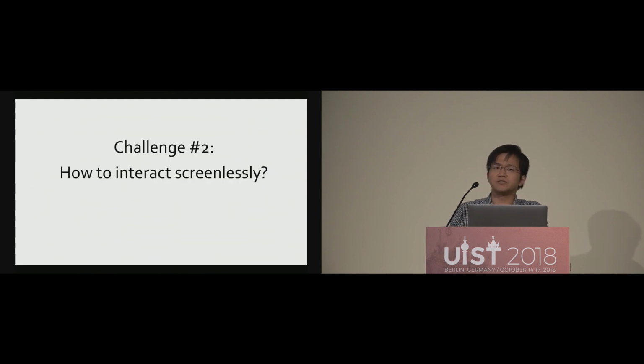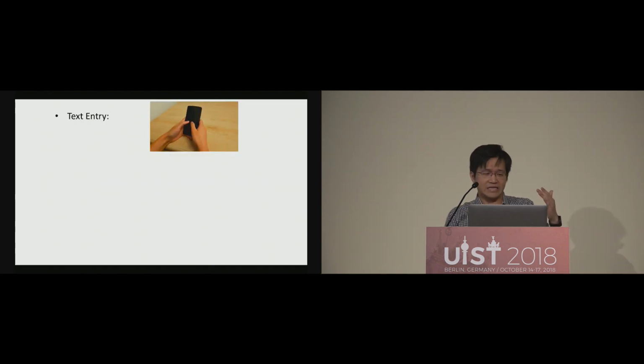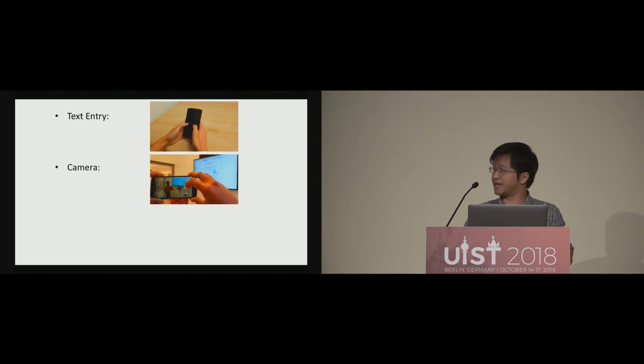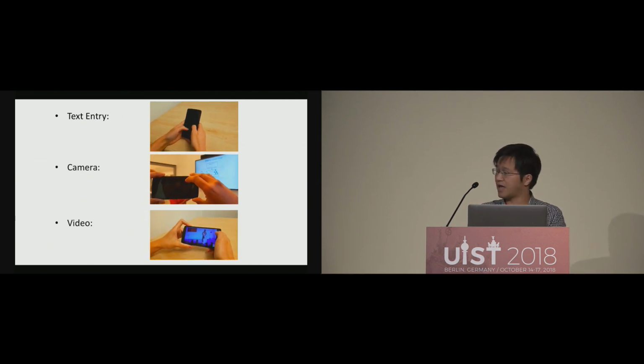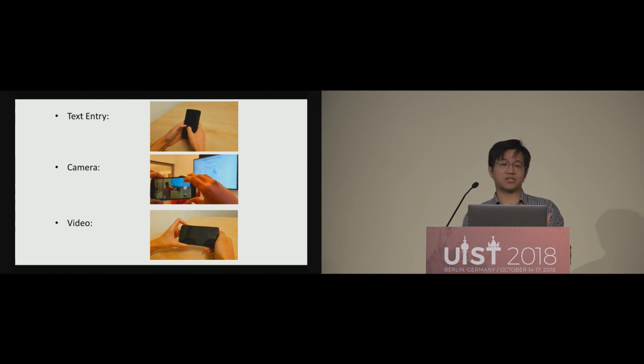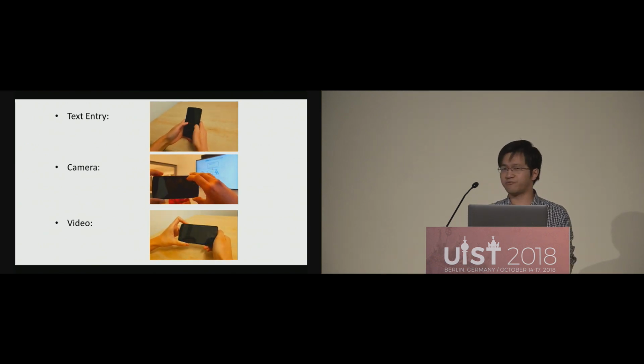After solving that problem, there is another challenge: how to interact screenlessly. As we said, there are three main use cases that we are focusing on: text entry, using the phone camera, and playing online video. Text entry is the most complicated case, which requires very frequent visual feedback and interactions.